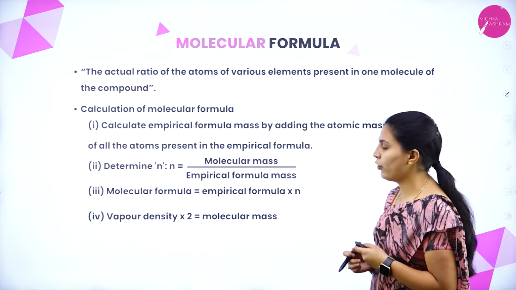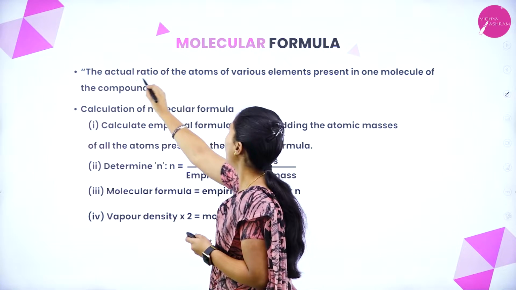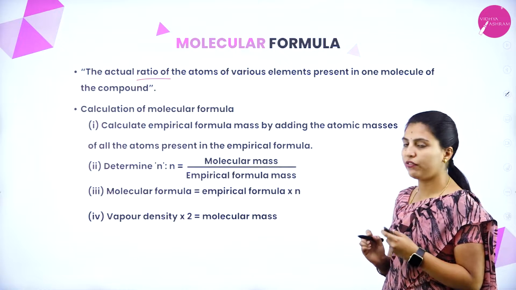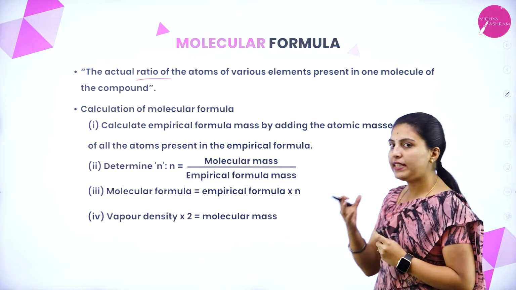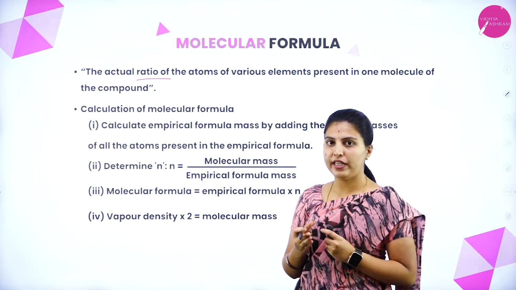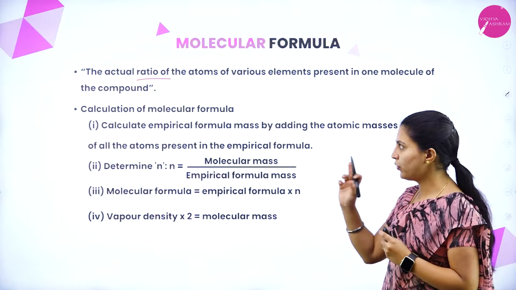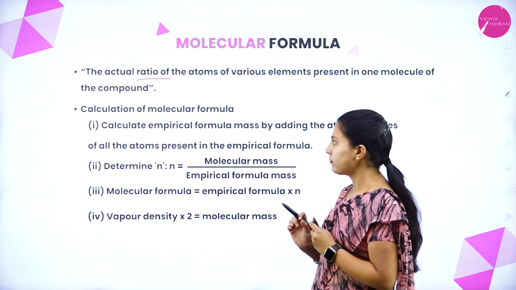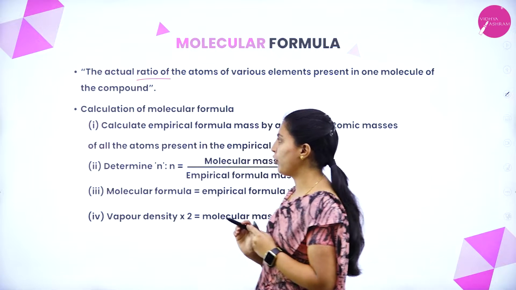Next, molecular formula. It is the actual ratio of the atoms of various elements present in one molecule of the compound. The various atoms of elements present in one molecule, those things you have to find out, will be called the molecular formula. Calculation of molecular formula.